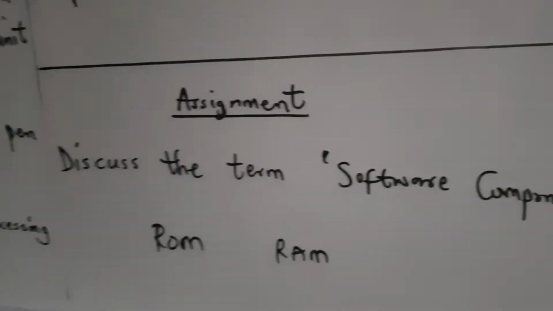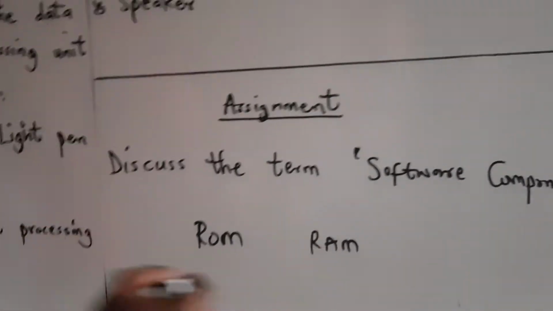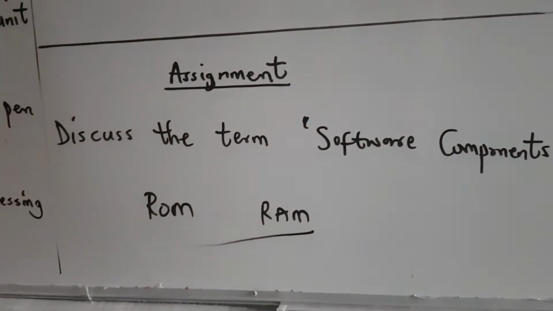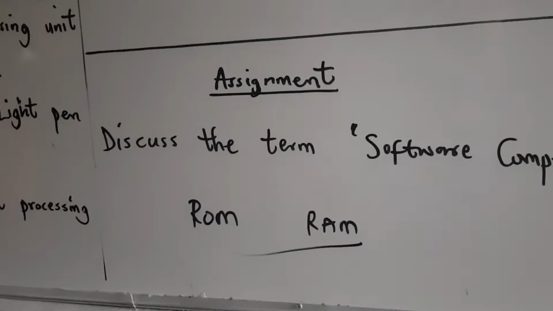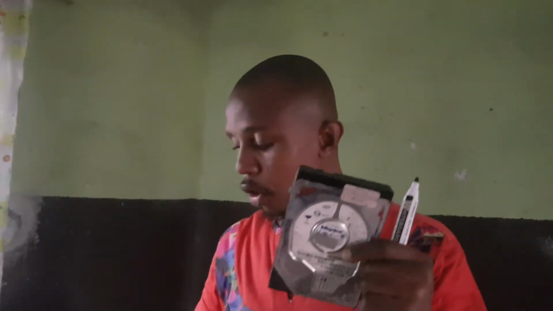Your ROM here means read-only memory, while your RAM means random access memory. They are all primary storage. While under the secondary storage, we have these devices I displayed right here earlier. They are all storage units.